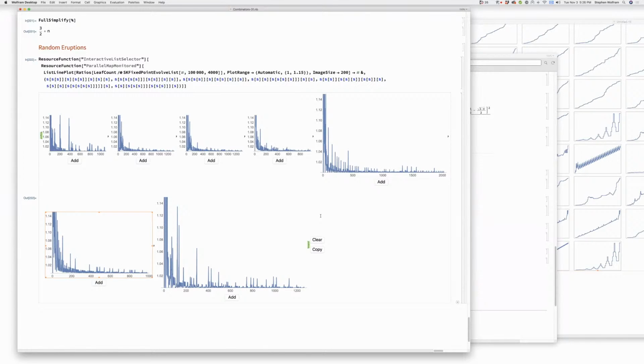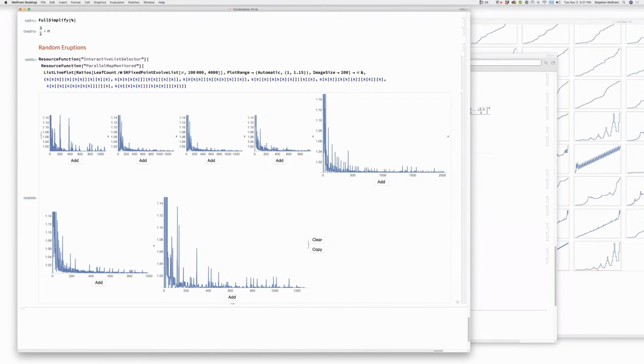The question is, can we encode these? Is there an equivalent Turing machine in which we can encode this behavior, so to speak? Can we prove that this thing is actually kind of Turing machine-like behavior?